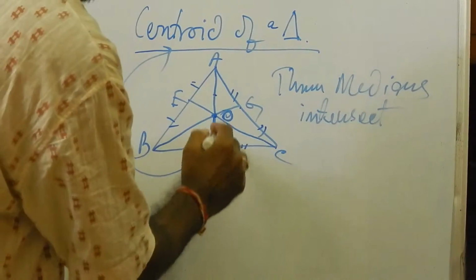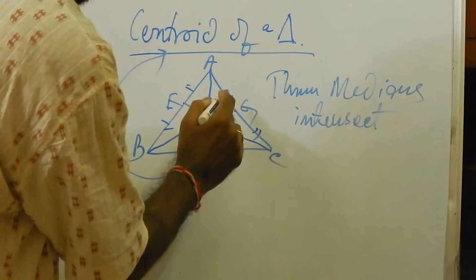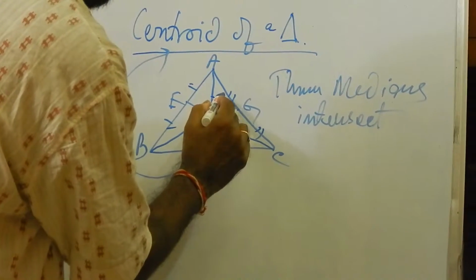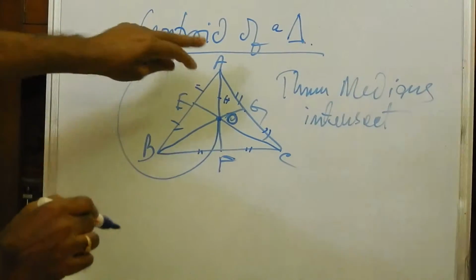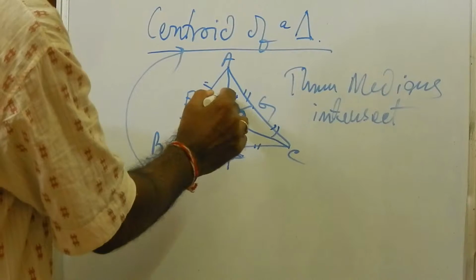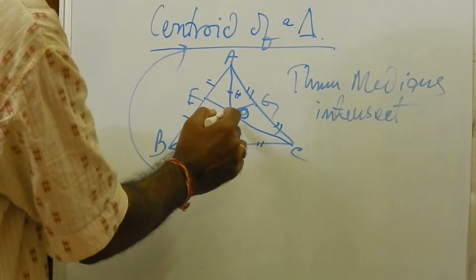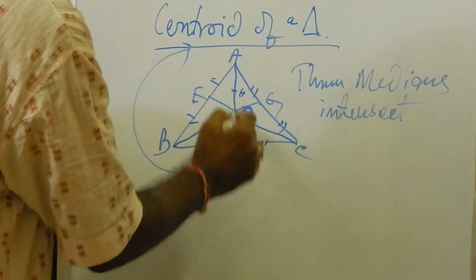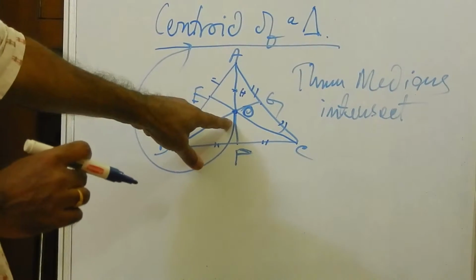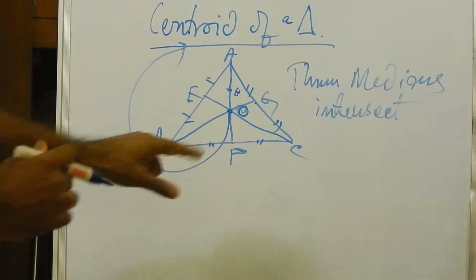AO. If there is a point, we can take H. Suppose the median is divided into 3 parts, then it is seen that the centroid is 1/3 of the whole median from this point.